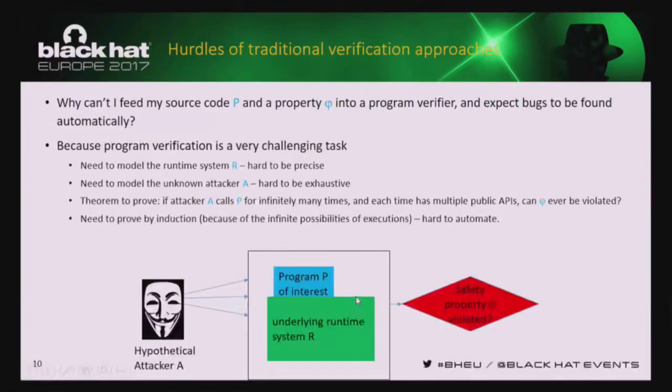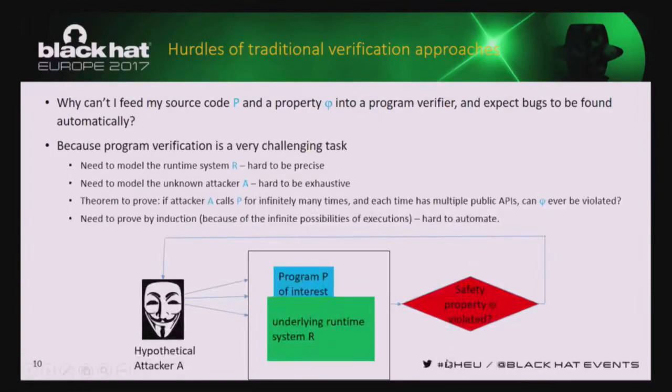Now, even after the modeling, the theorem is also very difficult. Essentially, what you are going to prove is that if the attacker A is able to call program P infinitely many times, so there is an infinite loop in your theorem, and every time there are multiple public APIs, can this safety property be violated?